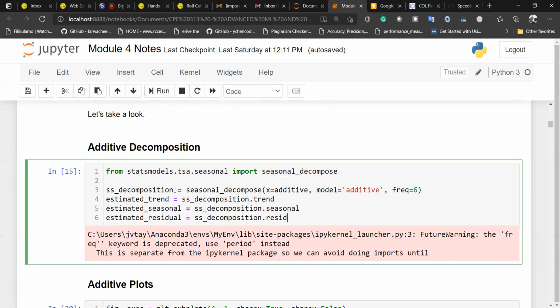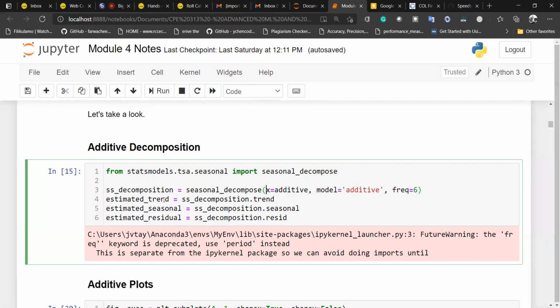What we do here is create a seasonal decompose using the following parameters: x will be the additive, the model is additive, and the frequency is equal to 6. You can study the different parameters by using Shift Tab so that you will understand it better.